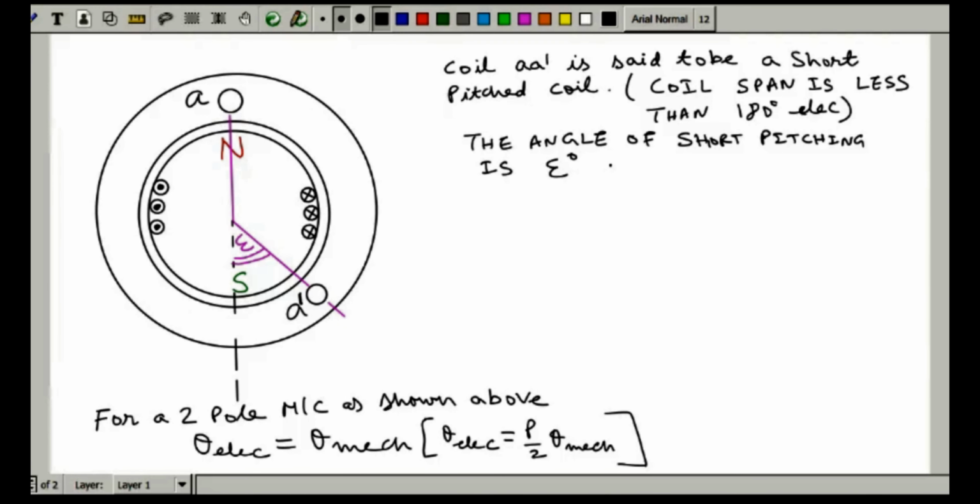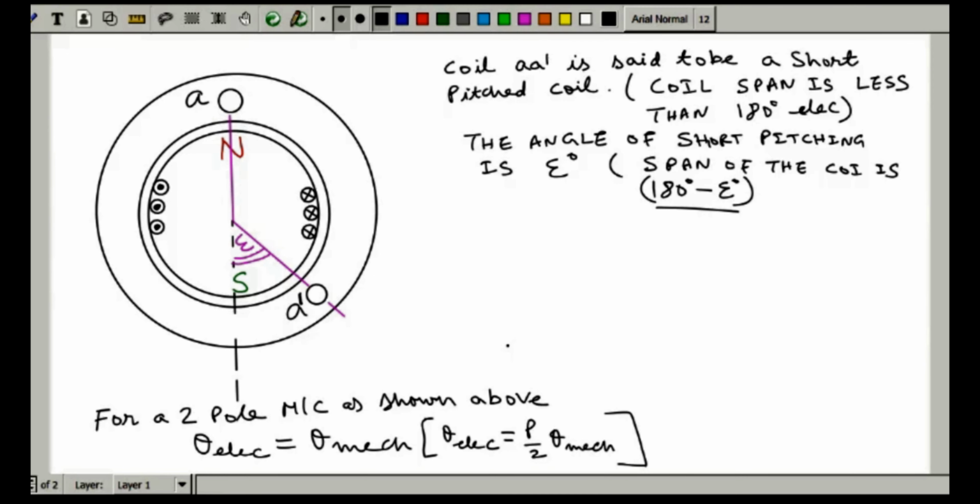That means the coil is short pitched by that. The span of the coil is not 180 degree, it is less; it has been short pitched by epsilon degree. So the span of the coil is 180 degree minus epsilon.